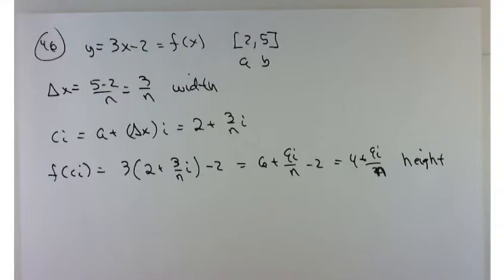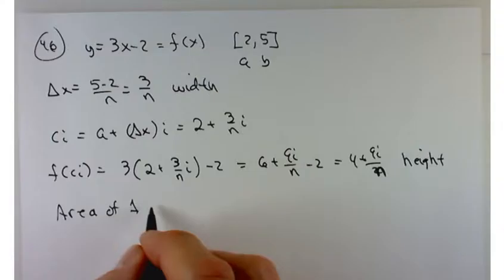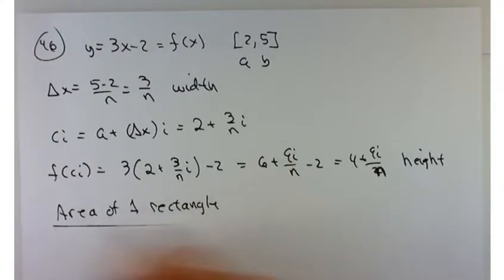Let's use that now to find the area of one rectangle. So we're just going to squeeze it down and find the area of one rectangle and see what we get. It's going to be the height times the width.